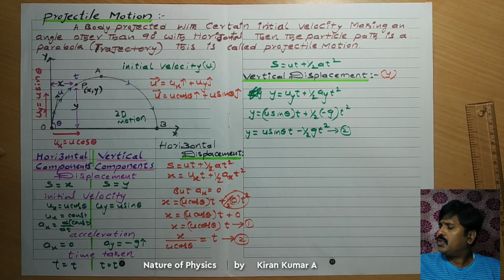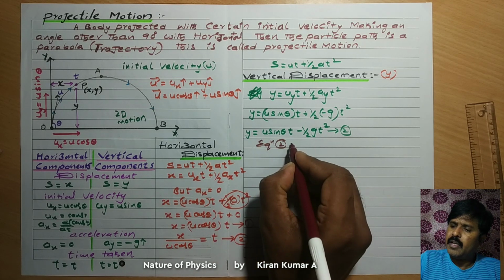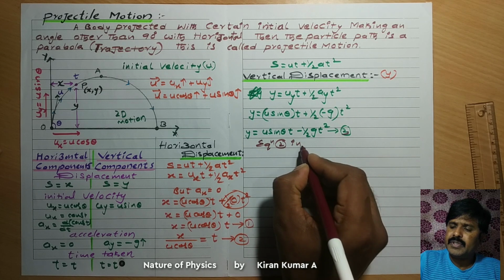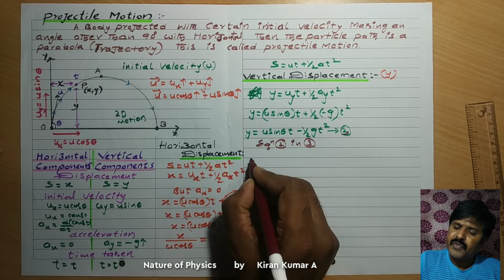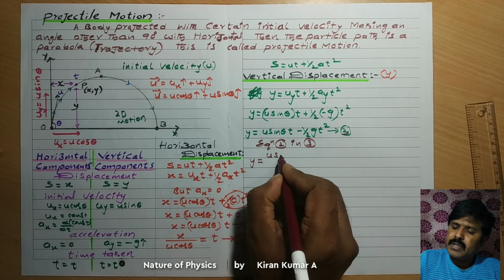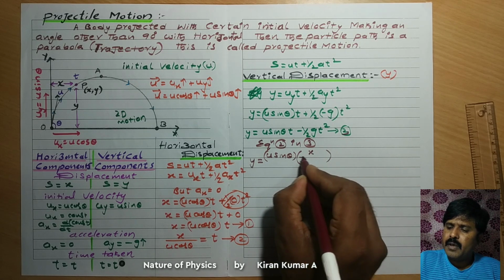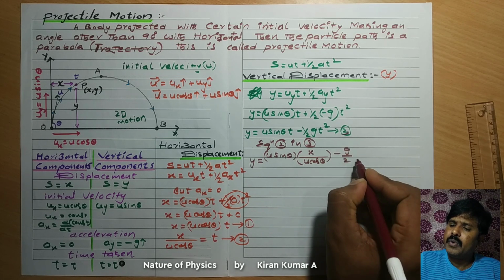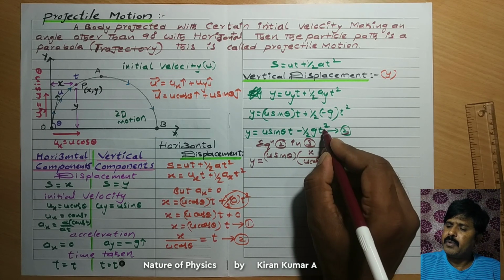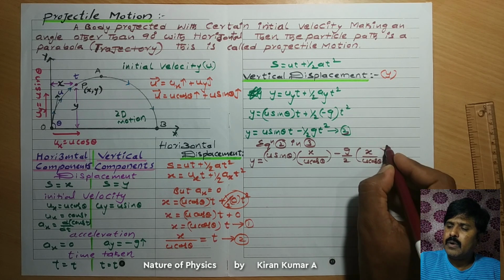In this equation I am replacing equation 2 in equation 3. Now y is equal to u sin theta into the value of t, that is x divided by u cos theta, minus g divided by 2 into t, written like this, x divided by u cos theta whole square.